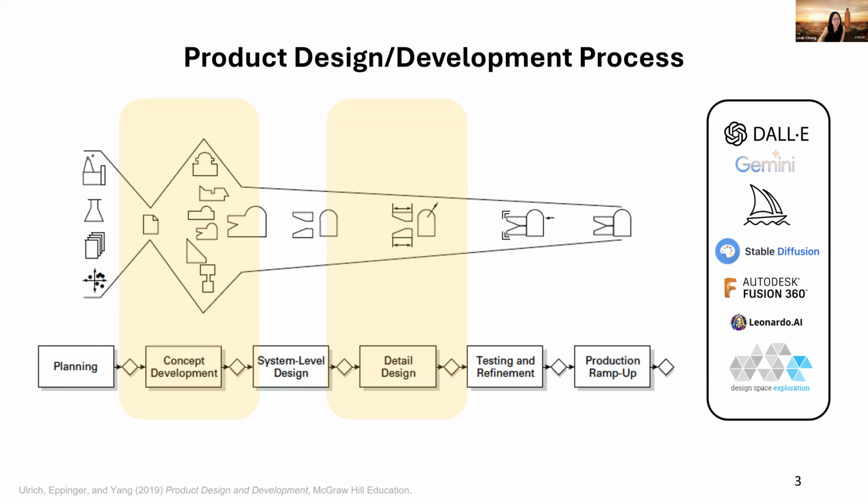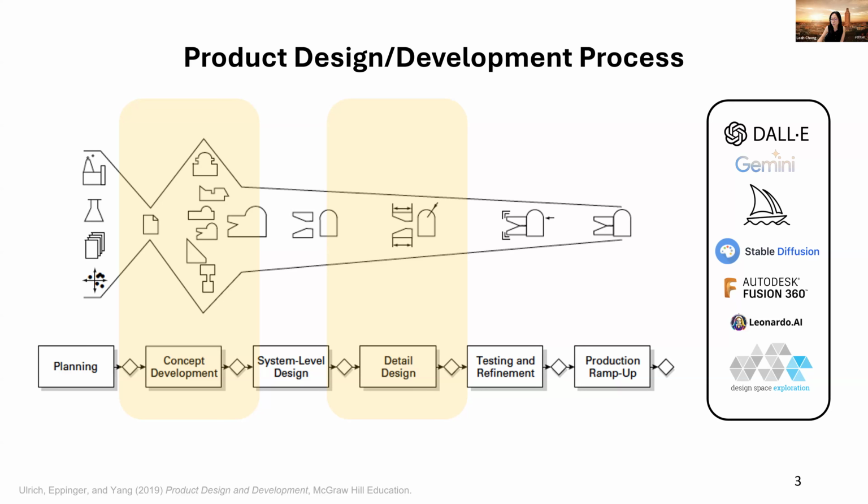Concept development is coming up with a lot of ideas and stretching designers' creativity beyond what they can currently do. The detailed design phase is mainly optimizing the designs and deciding on the detailed design parameters, making that process more efficient with AI tools. So these are the two phases that have been the main focus.